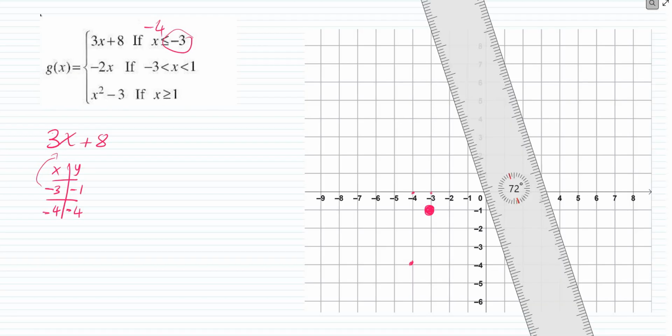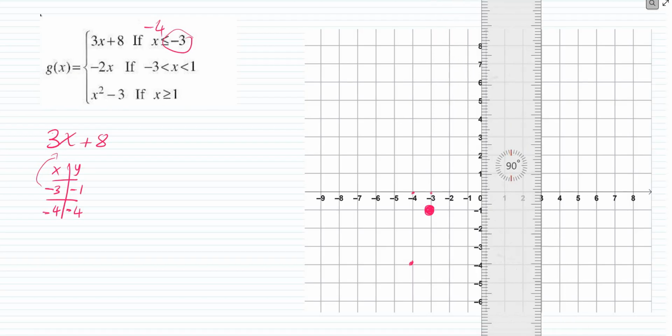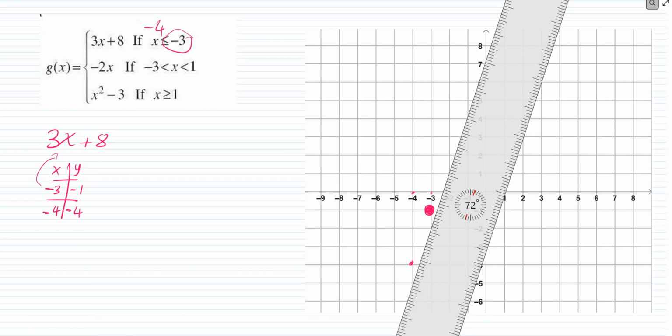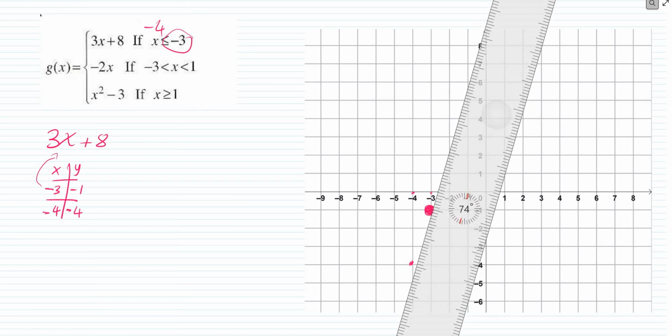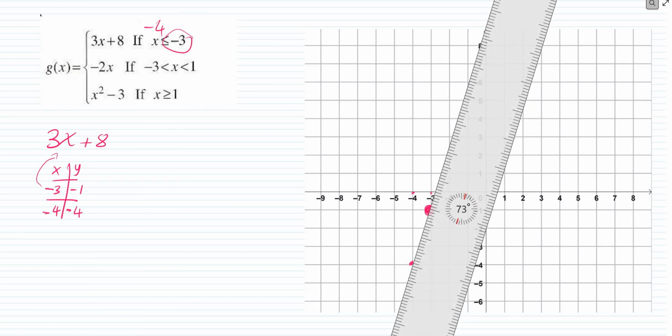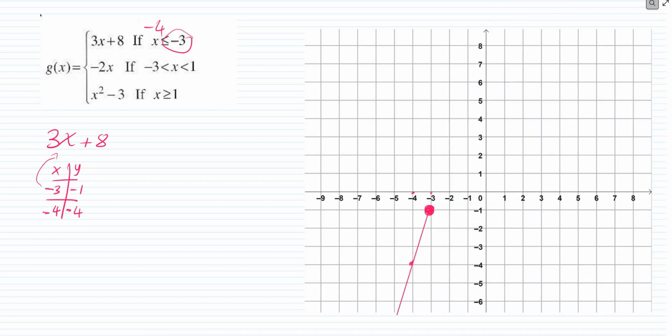Join these two points and extend them. Since it's a linear graph, we join these two points and extend them. So here we go, this is the graph, because this one goes further.